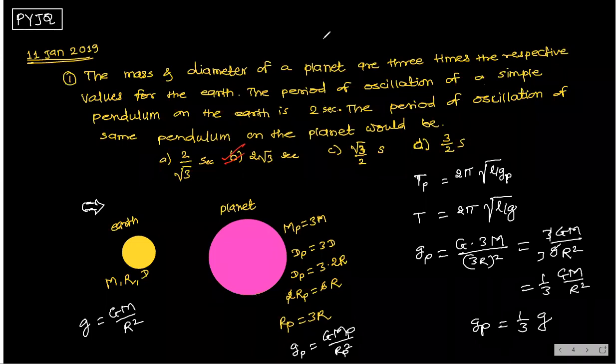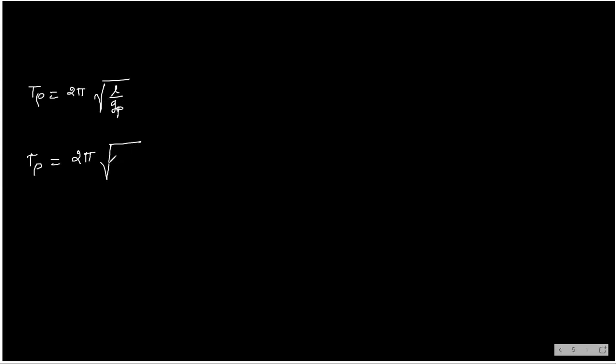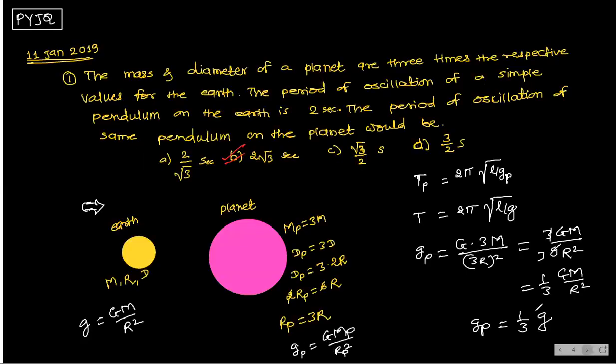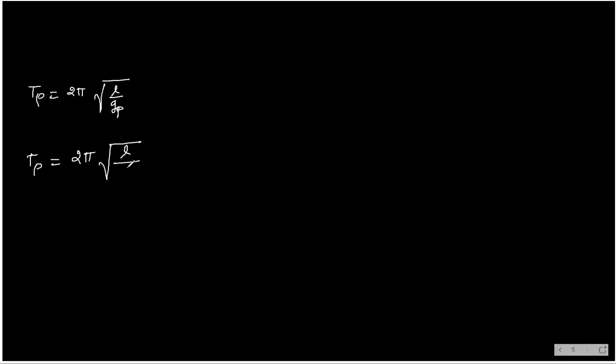Shall I go to the next page? Yes, sir. Now see, here this TP we got, no, TP is equal to what? 2 pi under root L by GP. Now GP value we have. What is the value we got? G by 3 we got. So substitute G by 3 here. G by 3, so this goes upper.